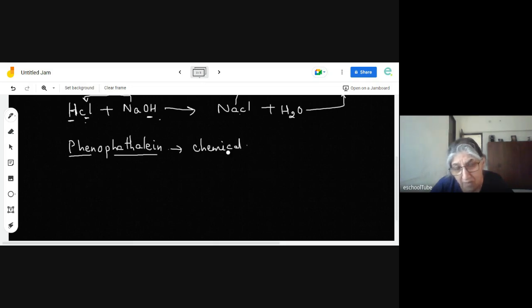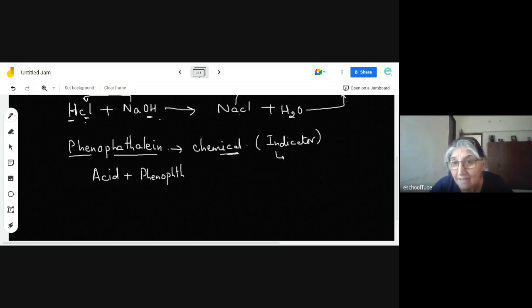Okay? So if we add phenolphthalein in acid, it is a chemical and it is an indicator. We call it an indicator. Indicator why? It tells us if something is an acid or a base.